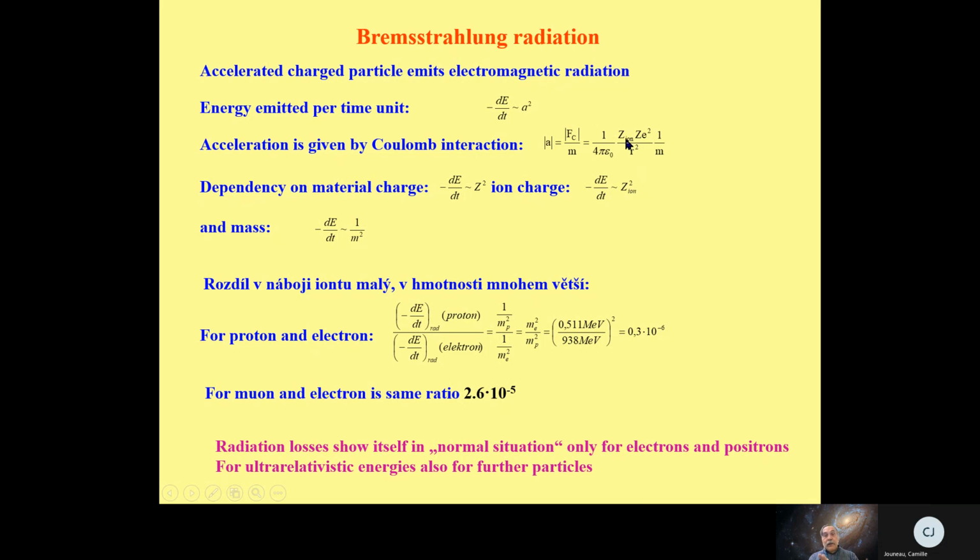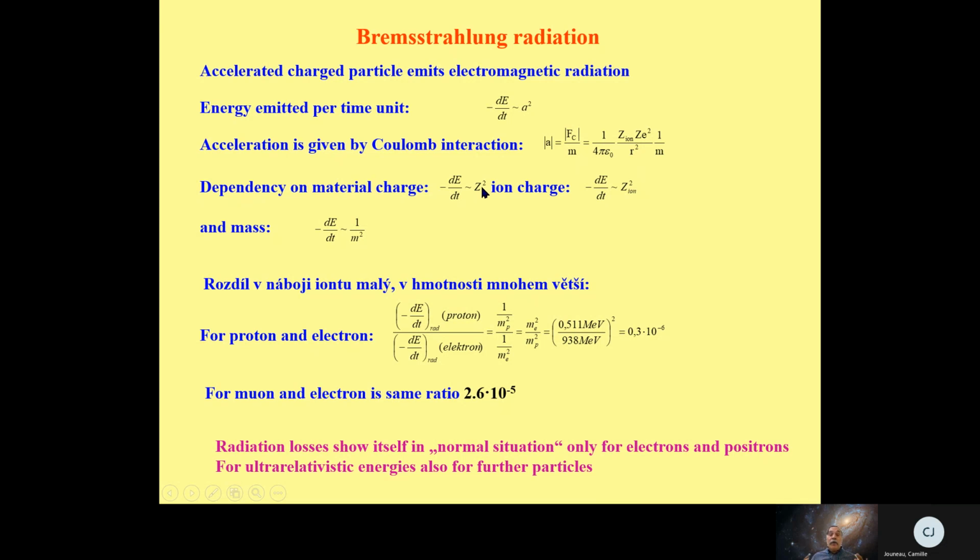Okay, and from this, the charge of the particle, for a light particle, is the electron. That means we have the charge of the electron, so it will be 1. For the material, we have this linear, and if it is the square of acceleration, it will be the square of Z. That means the dependency on the atomic number is square.